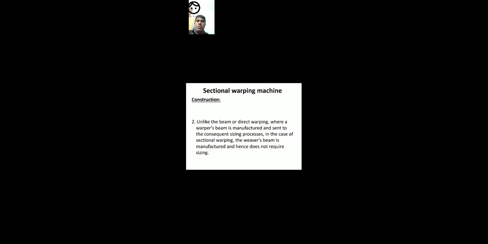In direct or beam warping, the warper's beams are sent to sizing, but in the sectional warping machine, the weaver's beam itself is manufactured and hence they do not require sizing.